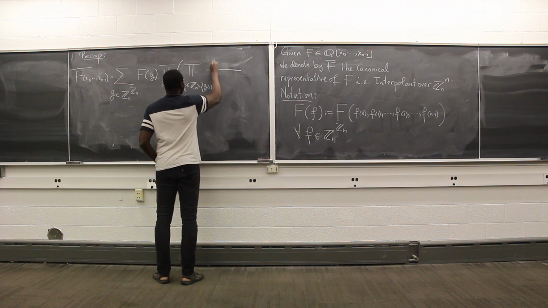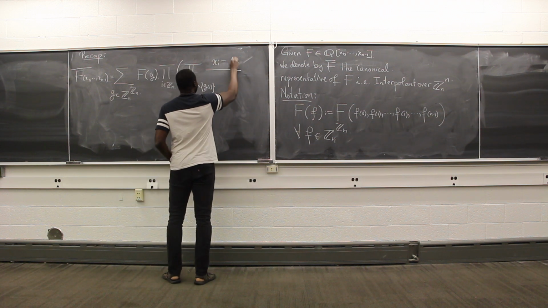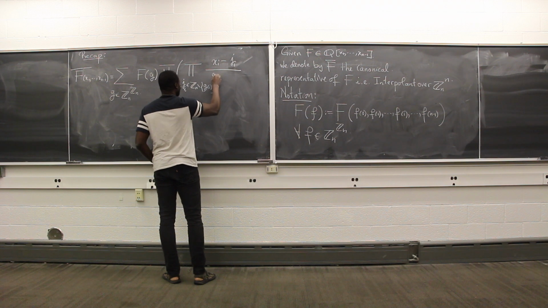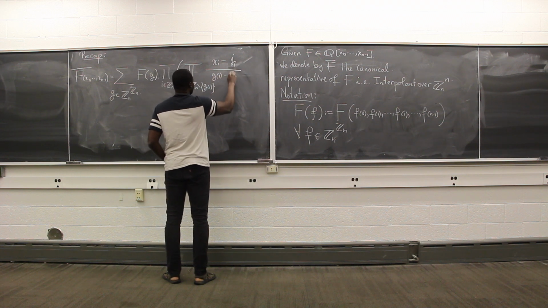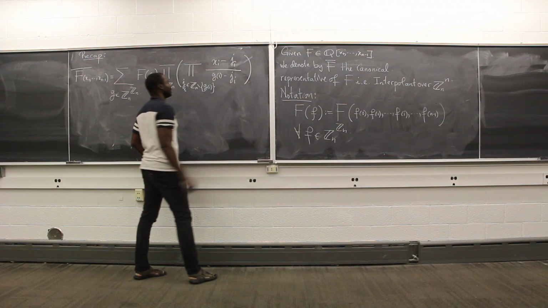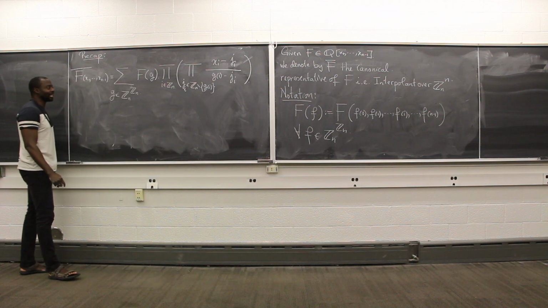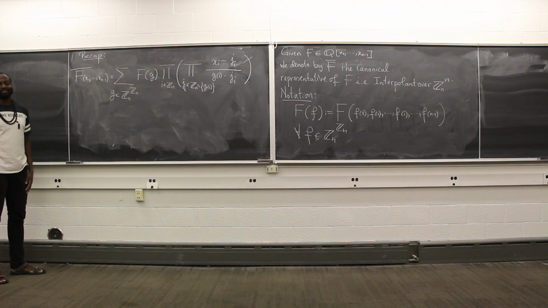Here is going to be x of i minus j subscript i, and here is g of i minus j subscript i. This is a one-liner recapping the whole part 1.